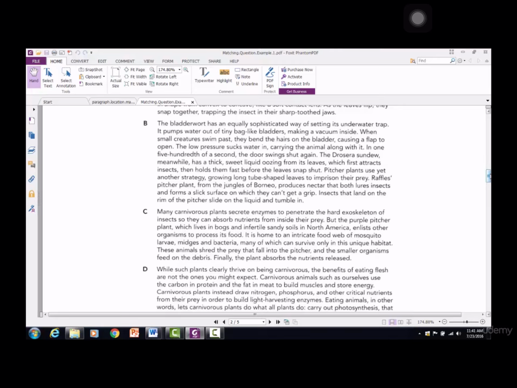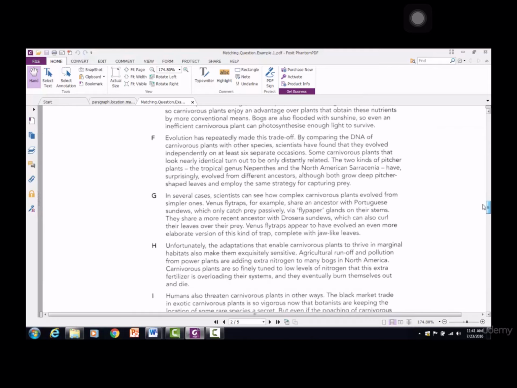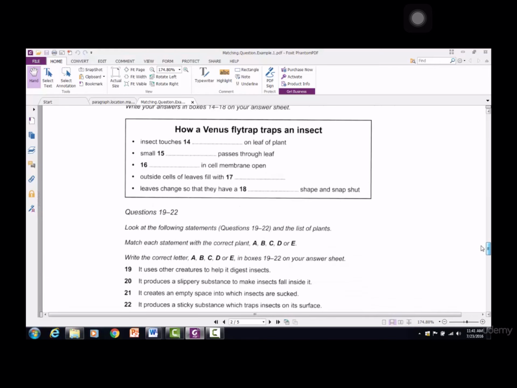It says the purple pitcher plant enlists other organisms to process its food. So it uses other organisms, like other animals. That's what an animal is, an organism. It enlists other organisms to process its food. Could be animal, could be something else, bacteria, I guess possible when it talks about organism.